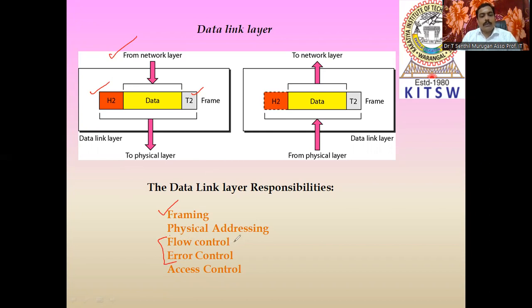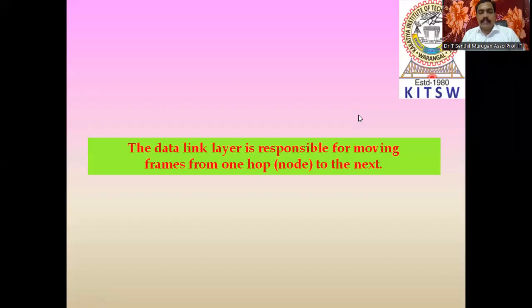Error control means whether the same data we sent reached the destination or not; that is controlled by the data link layer. Access control means who will transmit or which medium is used; that is also controlled by the data link layer. So the data link layer is responsible for moving frames from one hop to the next hop.